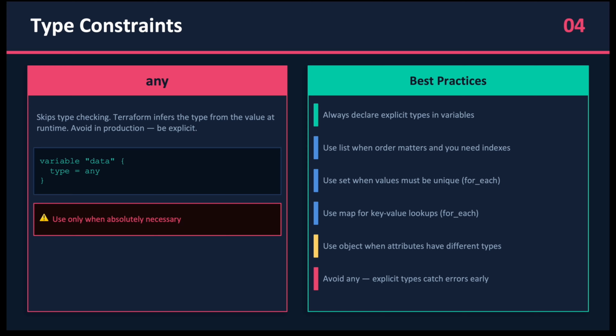Use list when order matters and you need indexes. Use set when values must be unique and you want to use for each. Same for map: if you want key value lookups, you can use it with the for each loop. Use object when attributes have different types. Avoid any, since explicit types catch errors early. So do not use any if it's not required.